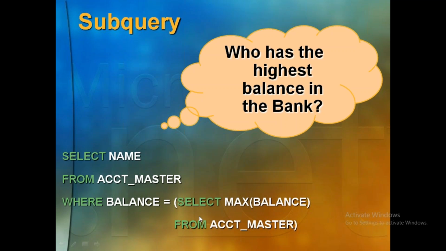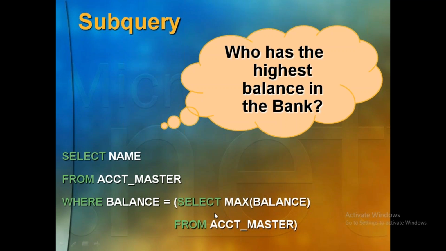This is what is called a subquery, or inner query, or nested query. This will be executed first, and the result will be given to the outer query, and the outer query will be executed. So here the execution is from bottom to top, and the subquery is an independent query.